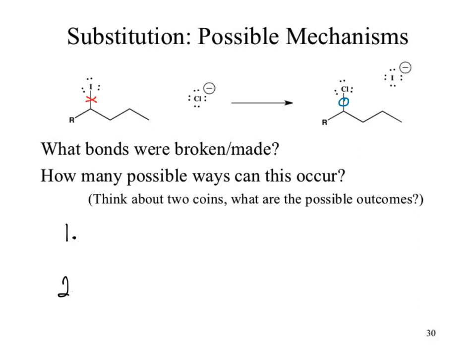Okay. One way I heard somebody mumble, chlorine comes first. So chlorine bonds. Then what would happen? Then iodine leaves. Or iodine, I'm just going to say breaks. So chlorine bonds, then iodine breaks.